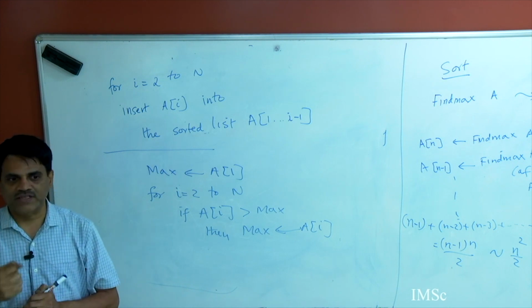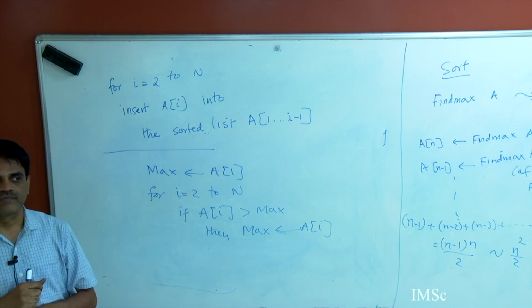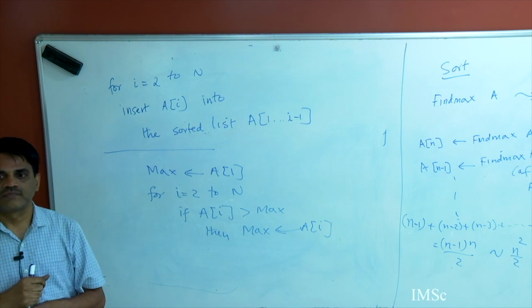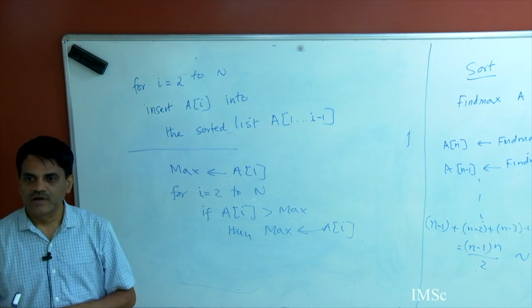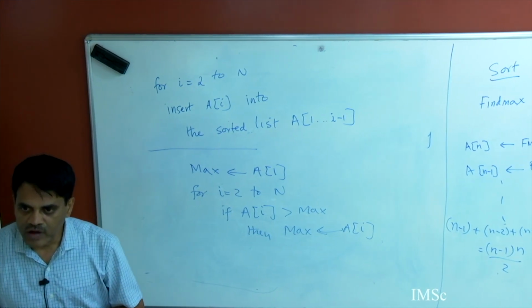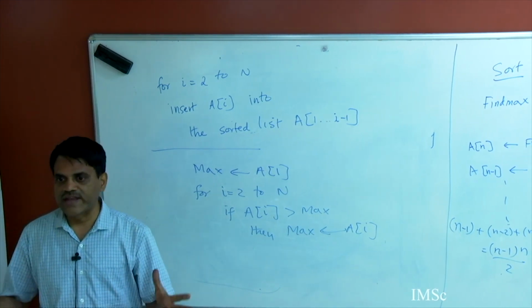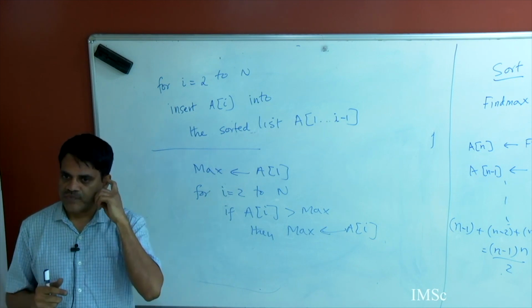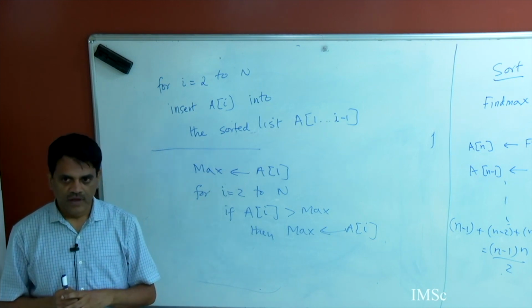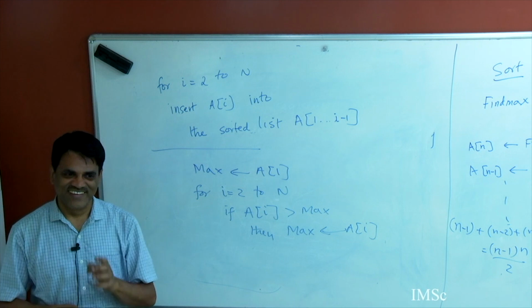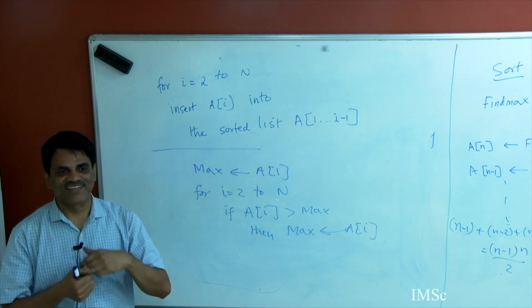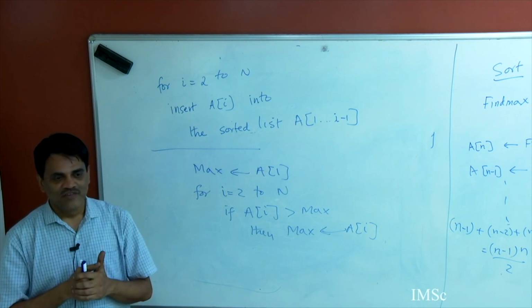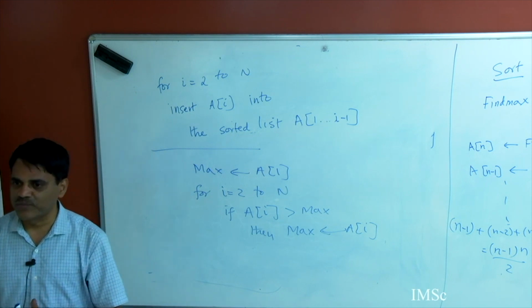Now, what will max have? Maximum of A1 to A10, right? The first 10 entries. Can we prove that? Yes, exactly. So we use induction to prove this, right?